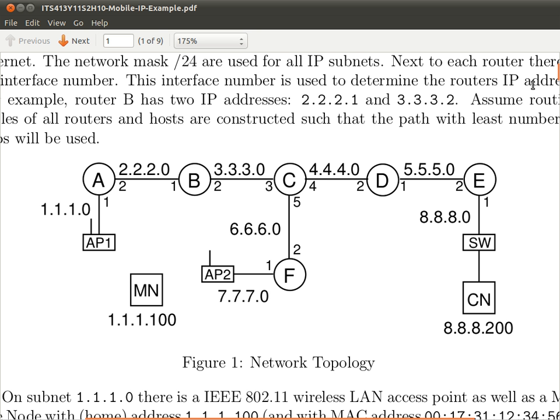I use Ethernet to send it, where the destination Ethernet address is 001756. The source Ethernet address is that of the router, whatever that is. It goes to our access point. Our access point now uses the wireless LAN to send the frame across the link. The destination address is our 0017 address. The source address is F. The access point address is also included in that wireless LAN frame, and it's sent via wireless LAN to our mobile node.